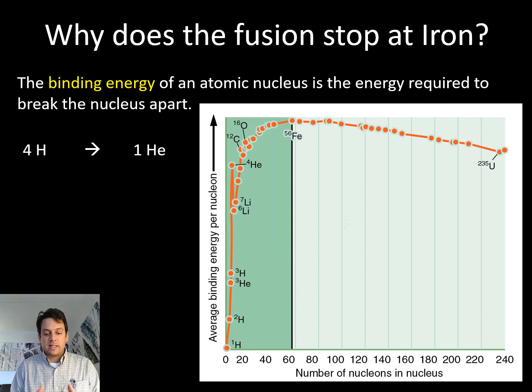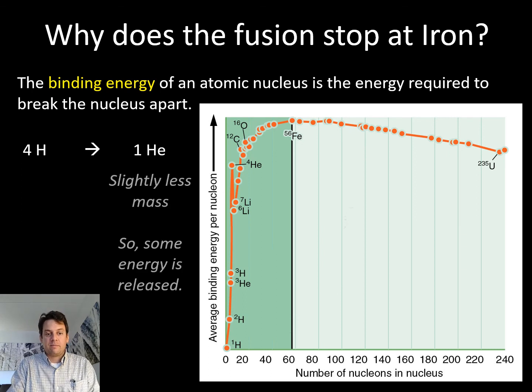Fusion is a process in which light nuclei are combined to release energy. But in order to get that energy release, you need to be forming something more stable. Taking 4 hydrogen nuclei and combining them to form a helium nucleus releases energy because you formed a more stable nucleus.